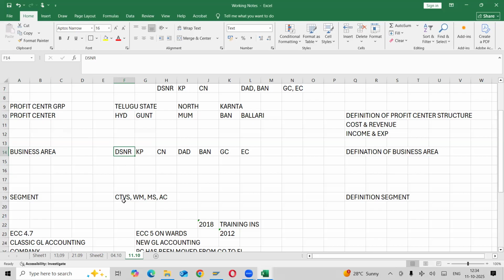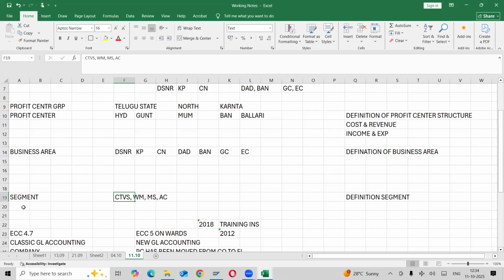I'm selling color TVs in my DSNR branch. Here I generate and purchase these color TVs, and for that I will include a cost. Cost is included and revenue is included. So either I can include it to profit center or business area because the purpose is the same. Both can give the same result.